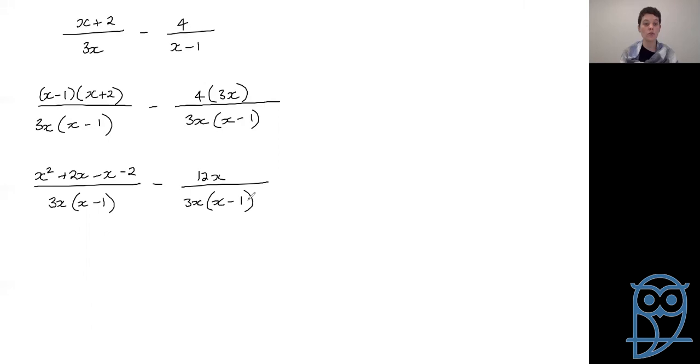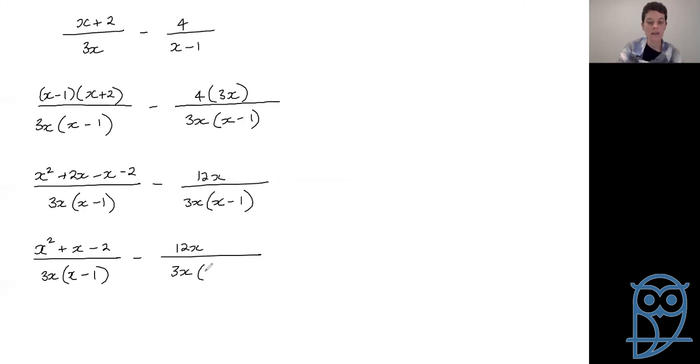The next thing we do is we combine like terms. Got to simplify that top before we do anything more. So x squared plus x minus 2 over 3x, x minus 1. Minus, there's nothing to simplify, 12x over 3x, x minus 1.